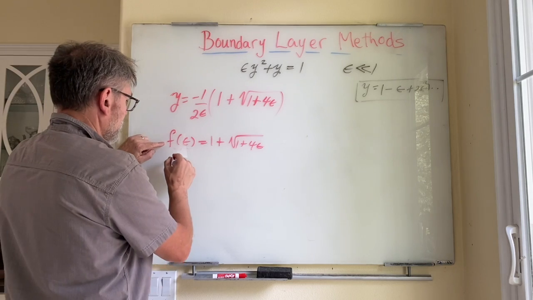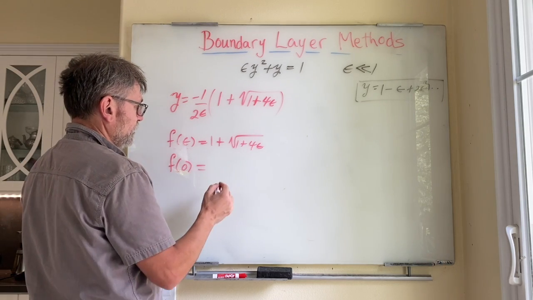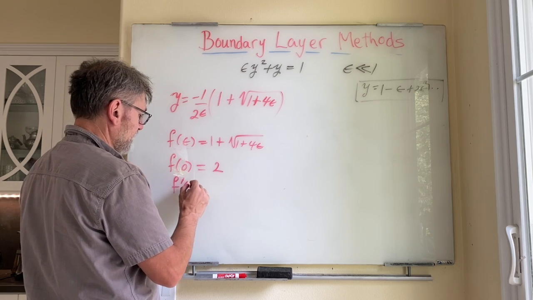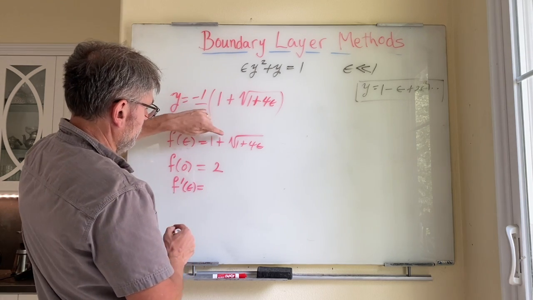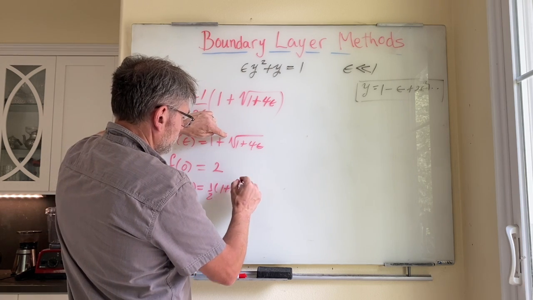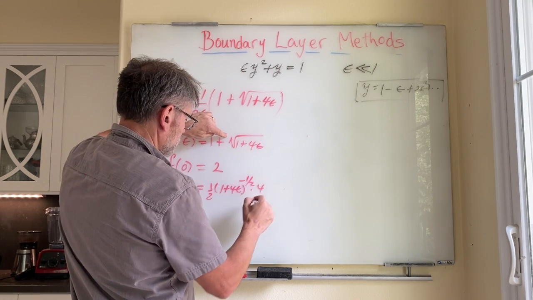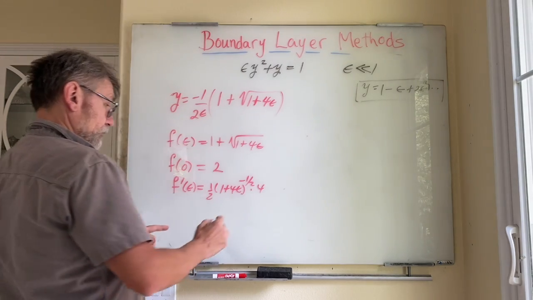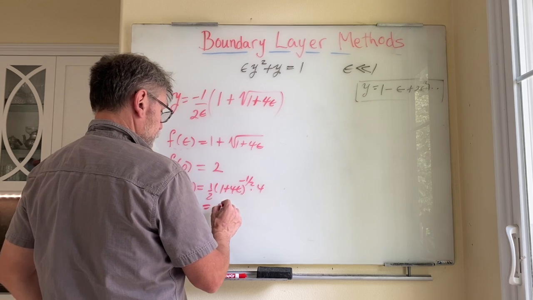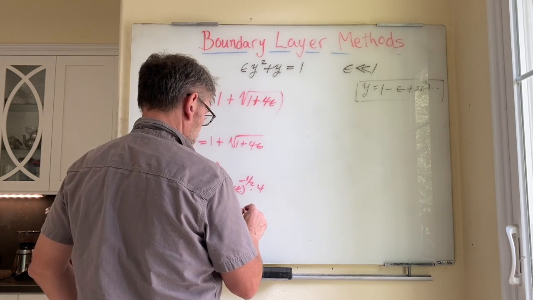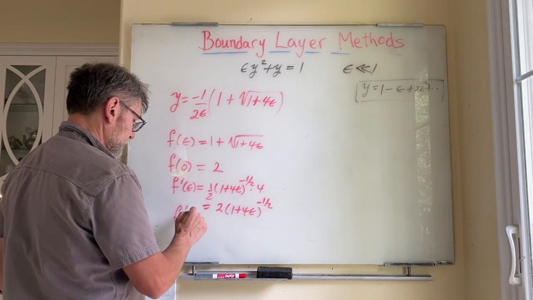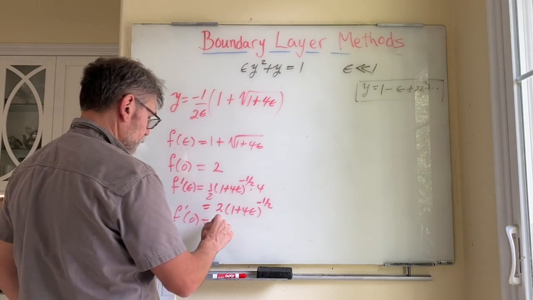And f of 0 is going to be 2. F prime of epsilon is going to be 1/2 times 1 plus 4 epsilon to the minus 1/2 times 4, and that's equal to 2 times 1 plus 4 epsilon to the minus 1/2. And f prime of 0 is just equal to 2.